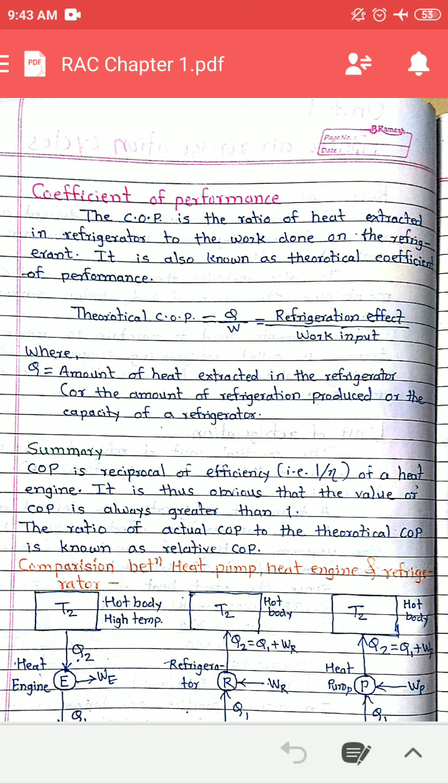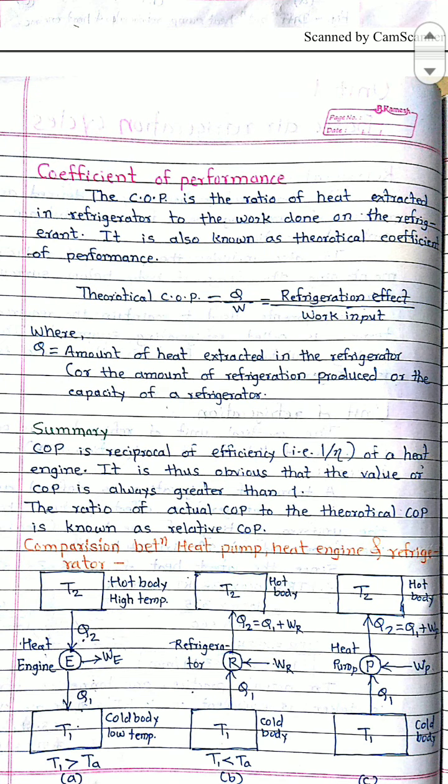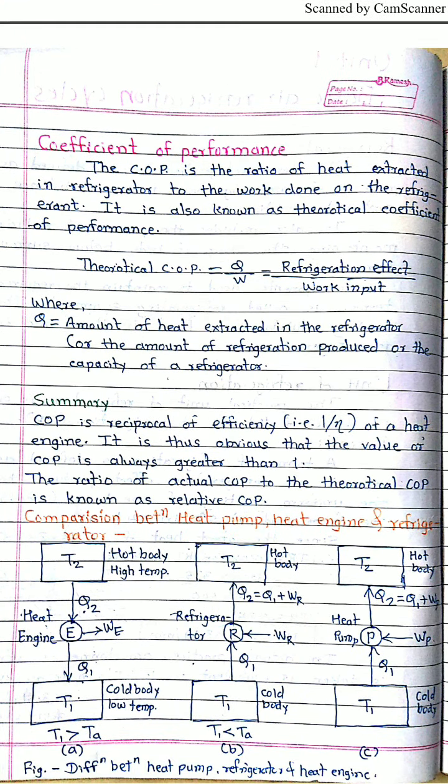Similarly, pump performance can be calculated by considering efficiency. In a refrigerating system, performance is calculated as the coefficient of performance, which measures whether your refrigerating system is effective or not. If the COP is high, the system is good. If the COP is low, the system is poor.